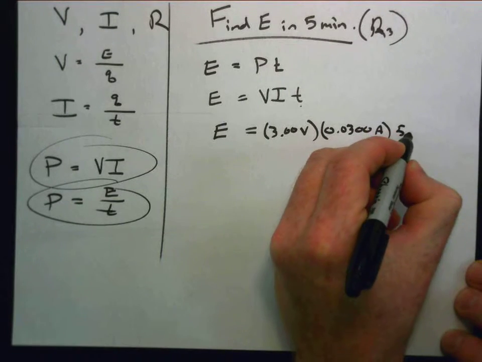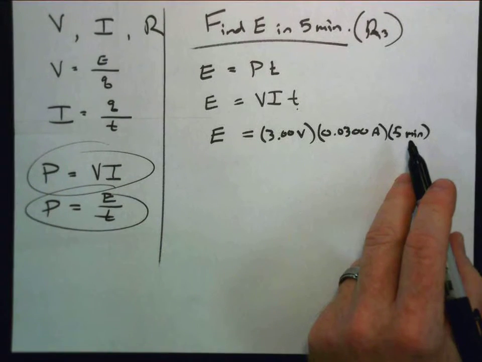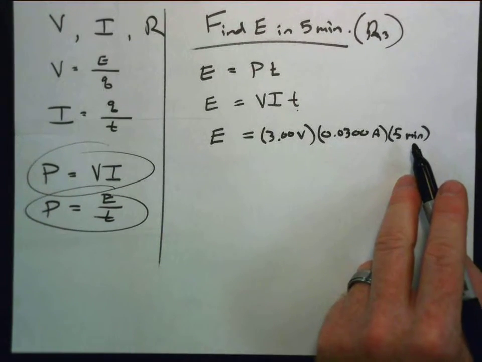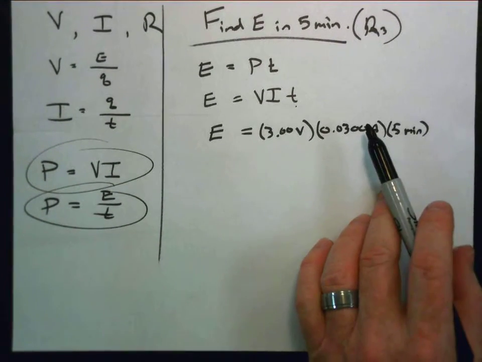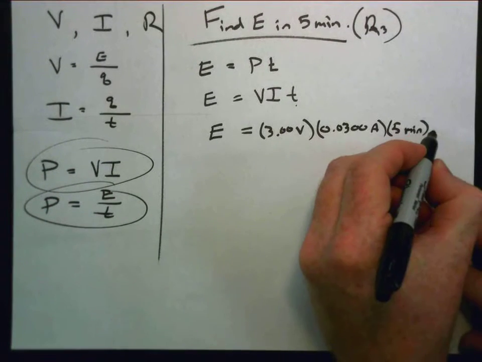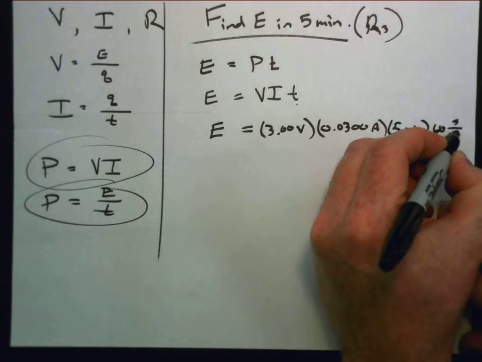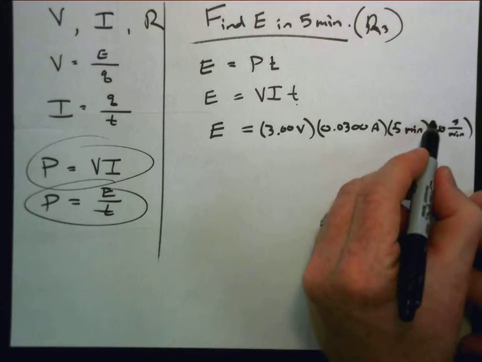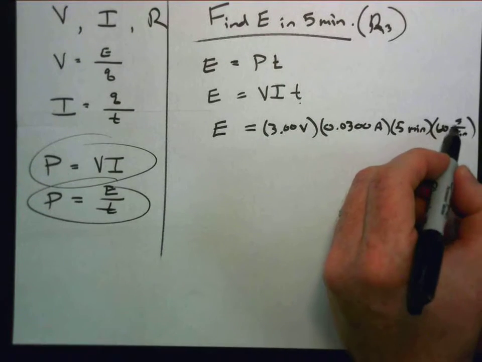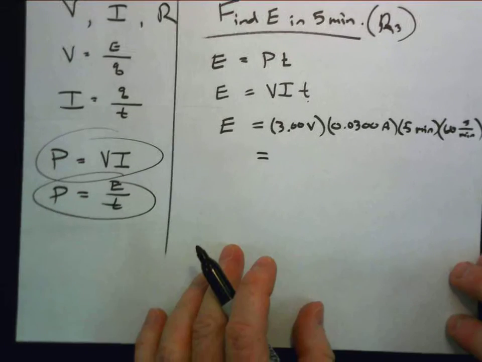Okay, time out for a second. The reason is, I see minutes, but base SI units aren't minutes, they're seconds. So I know that there are 60 seconds in a minute. So a little conversion taking place right here. That's seconds divided by a minute. Sorry about that. So I have to throw that in there.